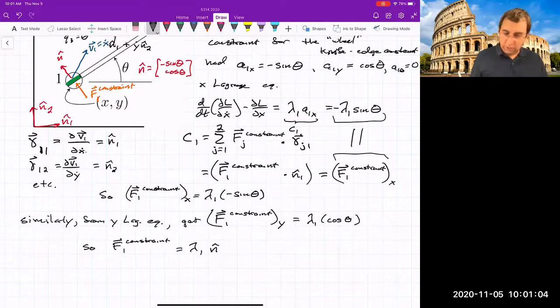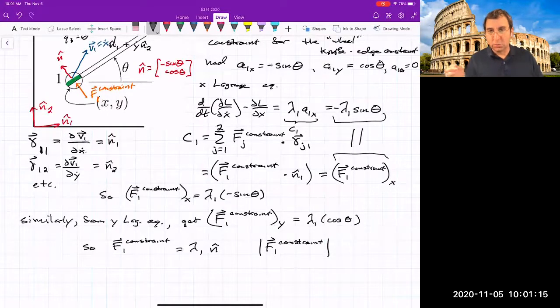You could also further work out, because you could take the magnitude of the force of constraint. This normal direction has magnitude 1, so this has magnitude of lambda 1.